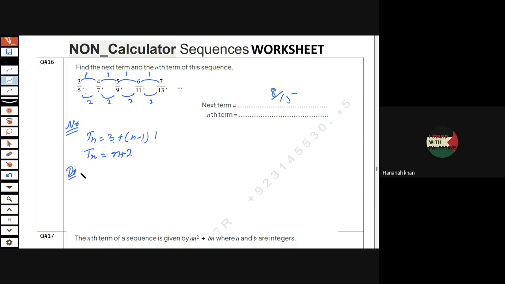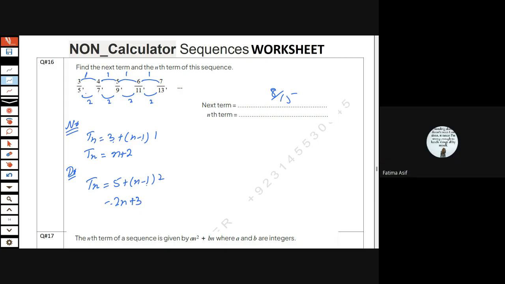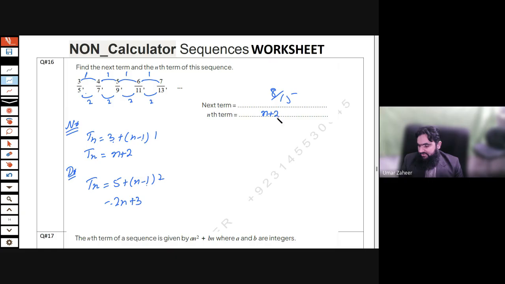And the denominator, we have Tn equal to 5 plus n minus 1 and the difference is 2. It is 2n. 2 multiplied by minus 1 is minus 2. Minus 2 plus 5, that will be 3. So you will get the sequence, numerator is n plus 2 and denominator is 2n plus 3.